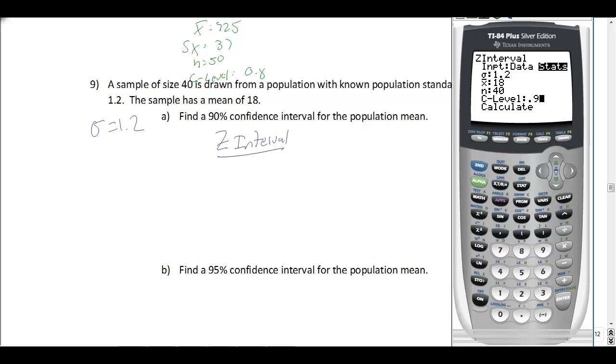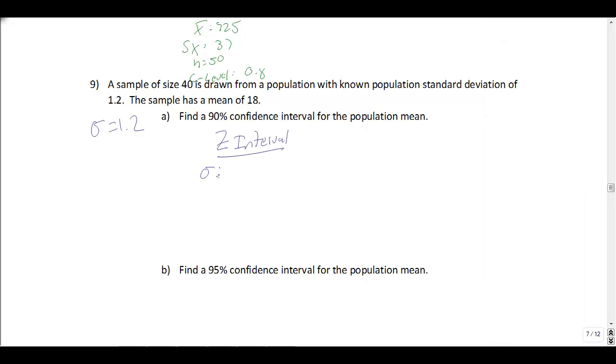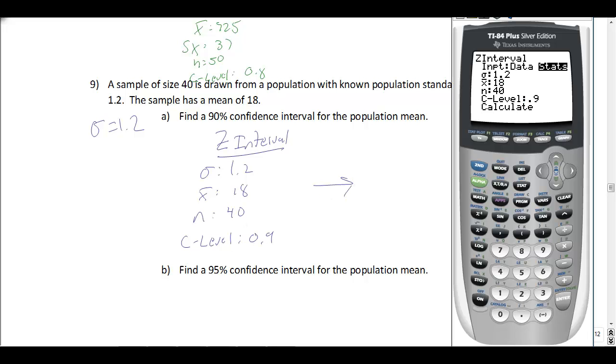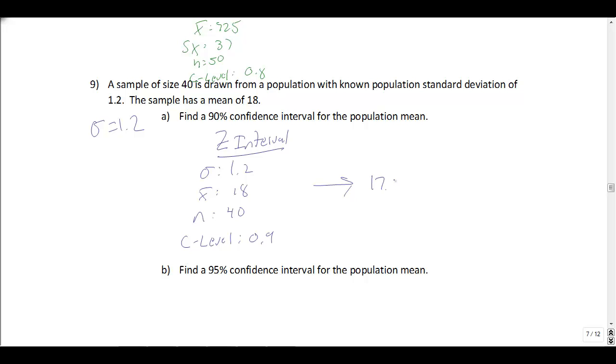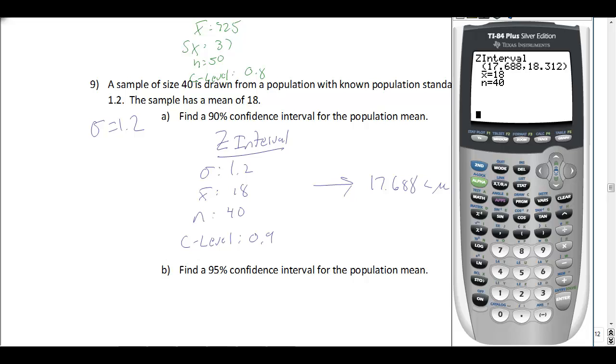So sigma is 1.2, x bar is 18, n is 40, confidence level 0.9. You put those together, go down to calculate, and it spits out 17.688 to 18.312. So 17.688 less than mu less than 18.312.